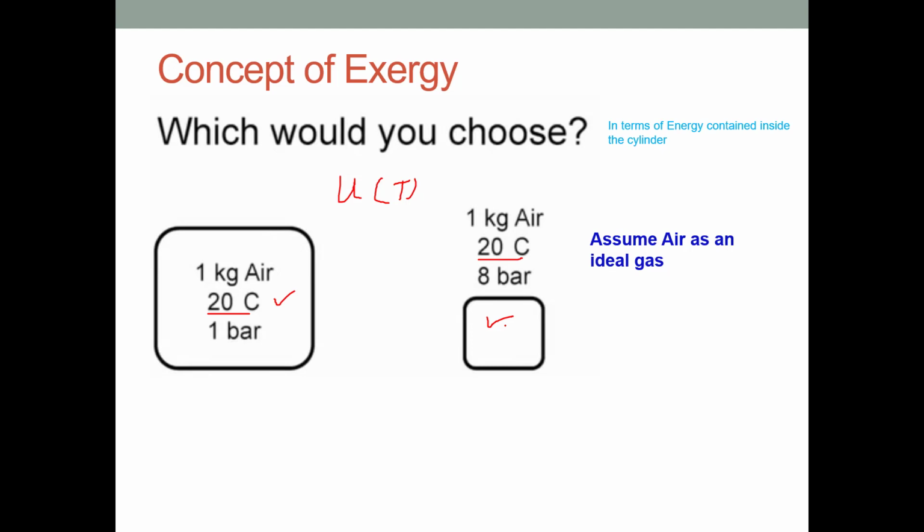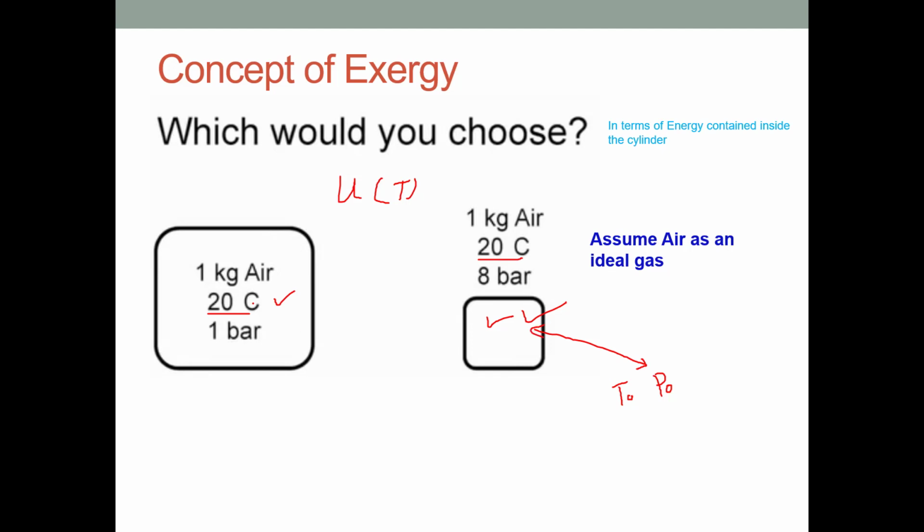But what about the work potential? The ability to perform work, the ability to give you some work output, is different in the two cylinders. When we say the ability to perform work, it is always described with reference to some ambient condition. Let's say the ambient temperature is T naught and the pressure is P naught. Then the work potential of the smaller cylinder is more than that of the larger cylinder, because the pressure gradient is more, right?